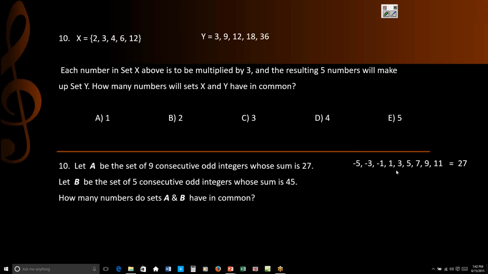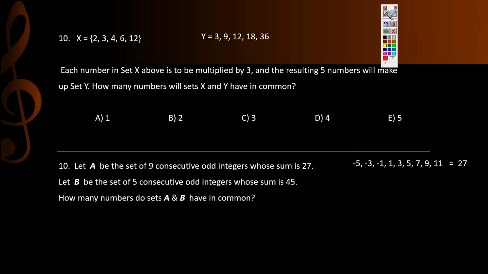odd integers. Even if I had 1, 2, 3, 4, 5, 6, 7, 8, 9, I certainly would have more than 27. So what I have to do is have some negative numbers here. So this negative number here will knock that one out. Let's just mark them off. Okay? So this 5 right there gets canceled by that.